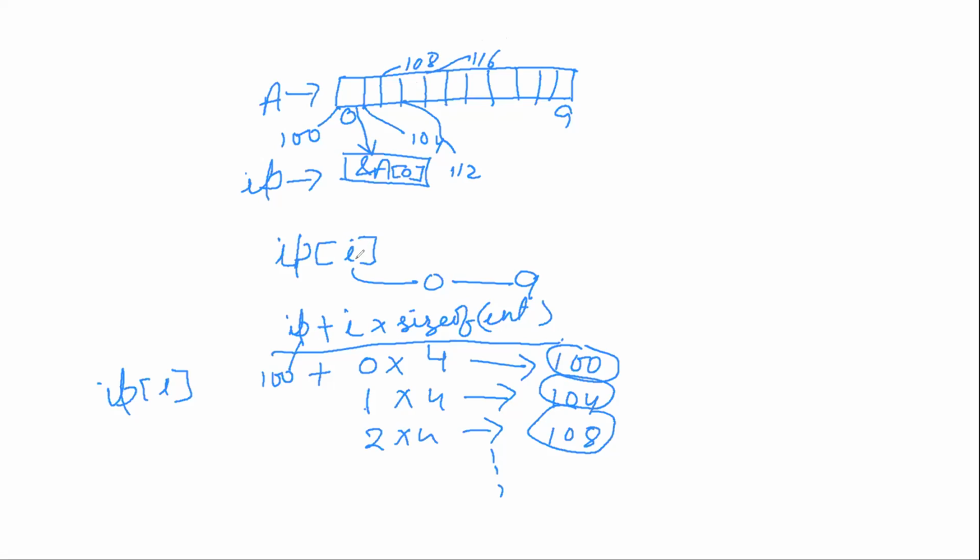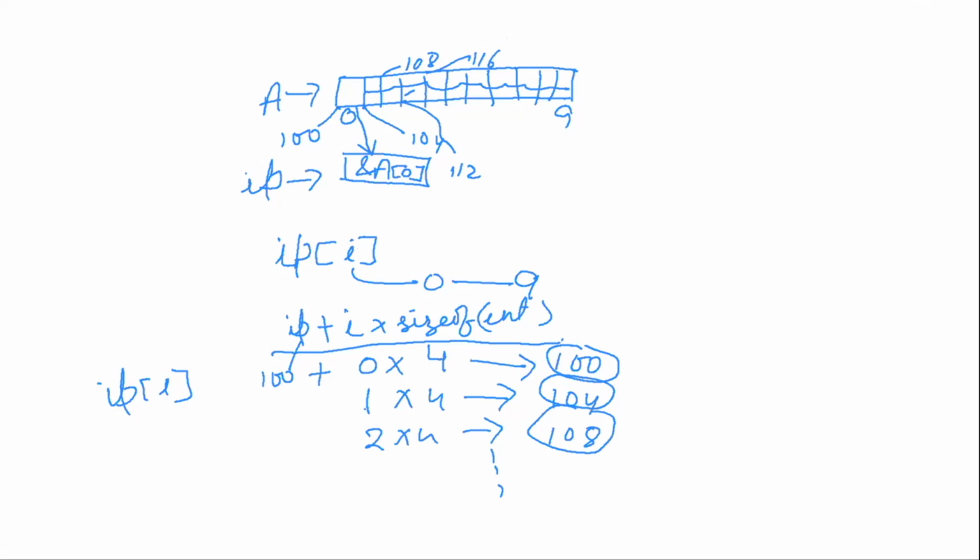As the value of i varies from 0 to 9, these addresses will be calculated, and from those addresses the values will be picked up. Is this thing clear to all of you? Yes, sir. Okay.